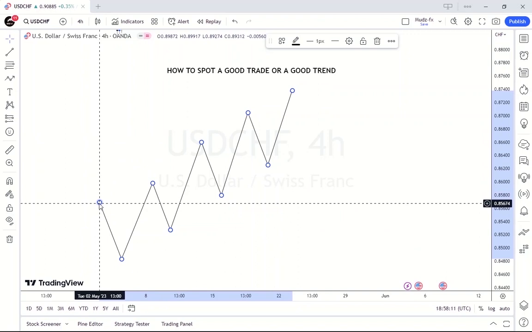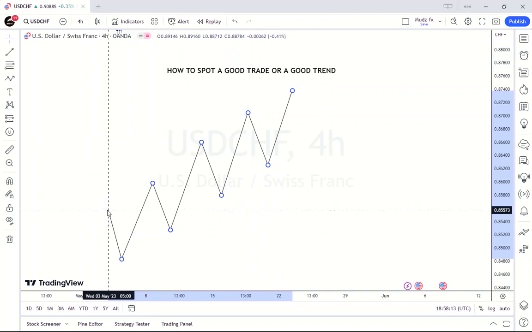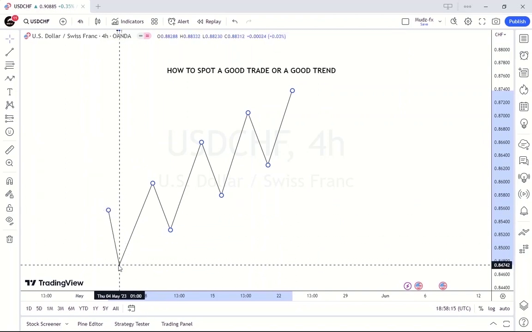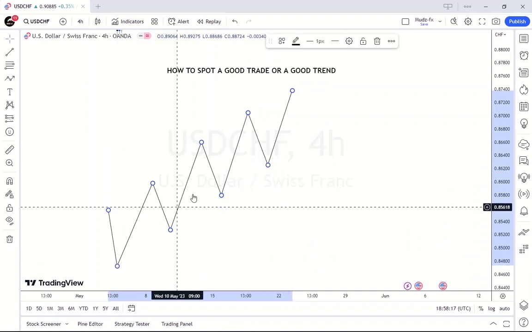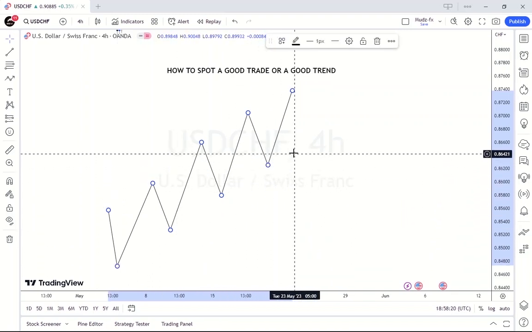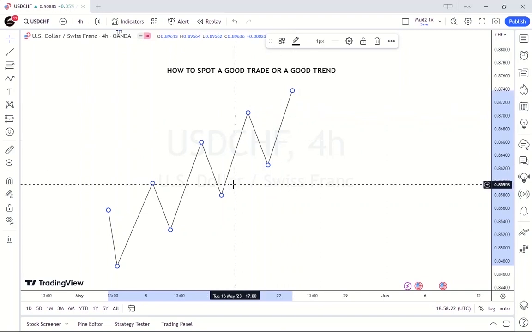It's always moving in waves. So we get to see waves like these. So this is what we call an uptrend.